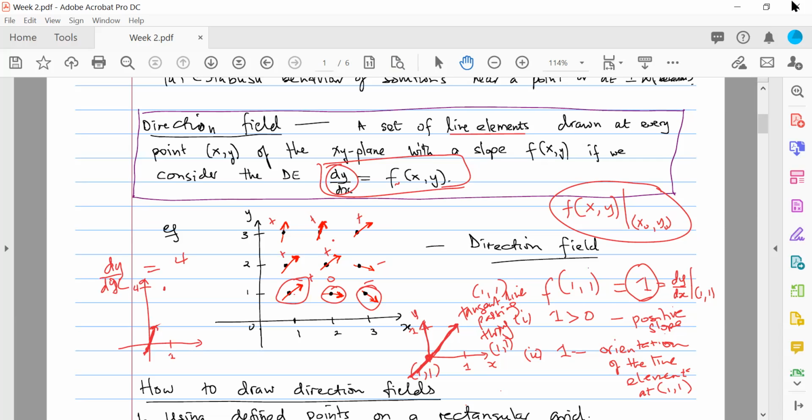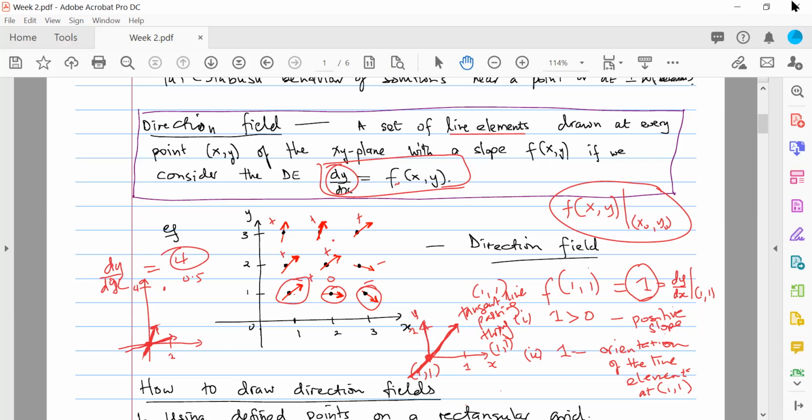So at this point, I can just put this line element here slightly close to the vertical axis because of the value of the slope. What it means is if the slope was equal to 0.5, then the orientation would be leaning towards the horizontal axis.